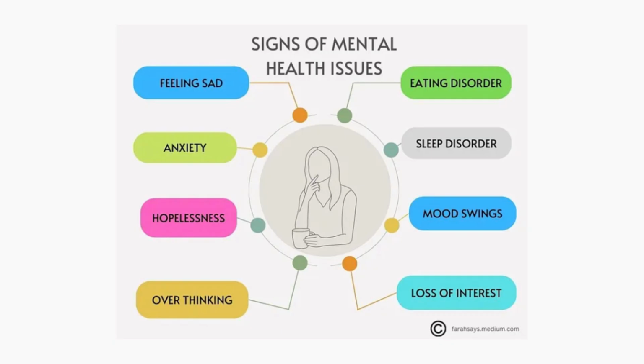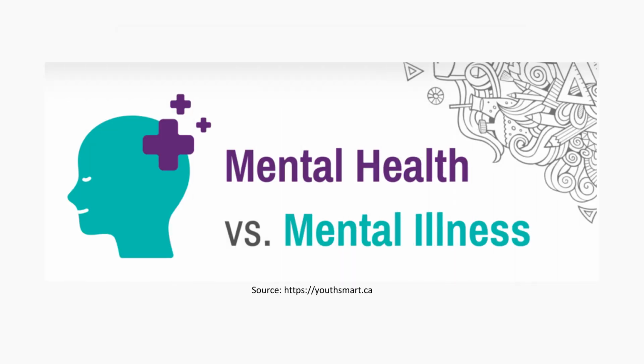Often people interchange mental health and mental illness, but the two concepts are actually quite different. Mental health refers to our emotional, social and psychological well-being. For example, do we have a job that we enjoy, or do we have a close-knit group of friends whom we can count on? If so, it's likely that our mental health is thriving.